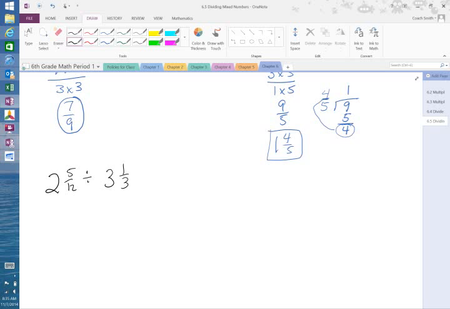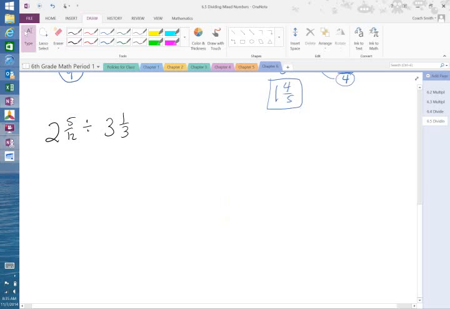You could have some fractions at the upper end and lower end and get one right at 1, but since they're that close. So, change this to an improper fraction. 2 times 12, 24. 24 plus 5, 29. So that's 29 over 12.